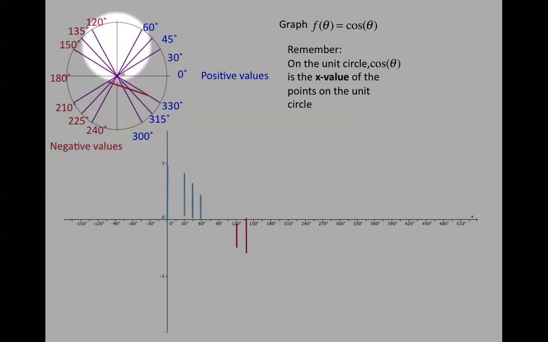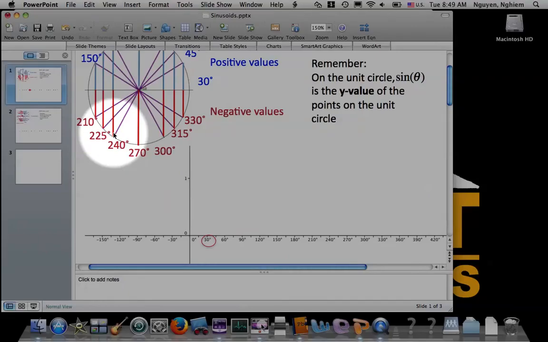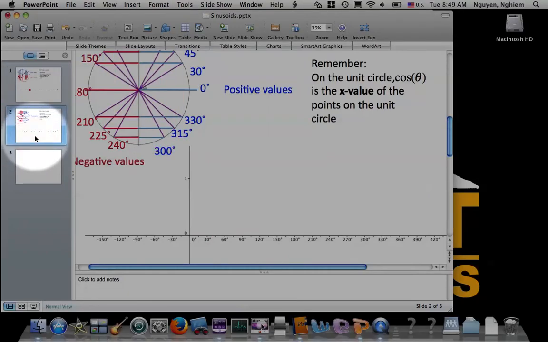135, and again, the left side of the circle is all negative values. Once we get past 270, we're back up to all the positive values again. And here you have it.